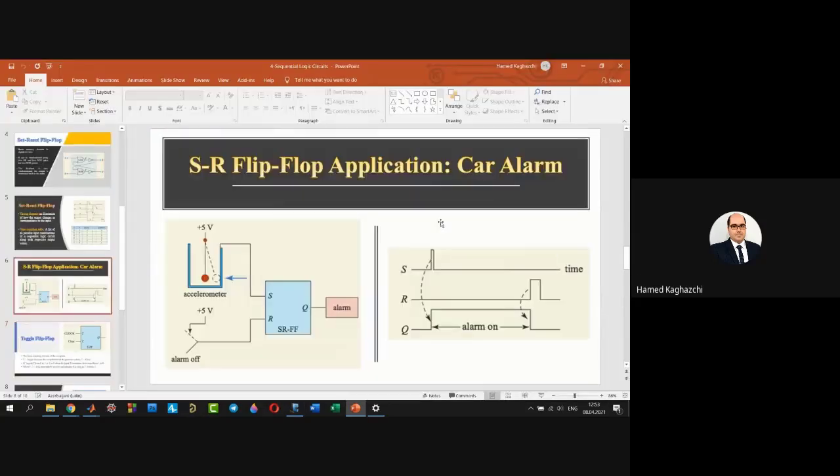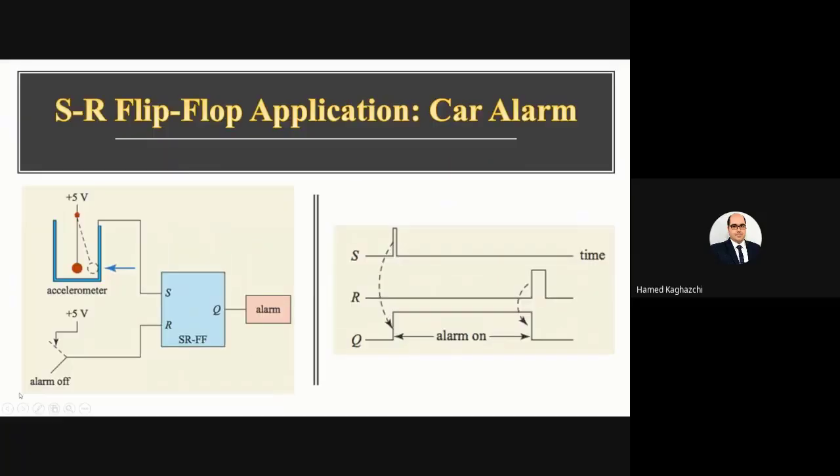As an application of the SR flip-flop, look at here, in the car alarm, we have the accelerometer sensor, which is a sensitive motion sensor. We connect it to the voltage.